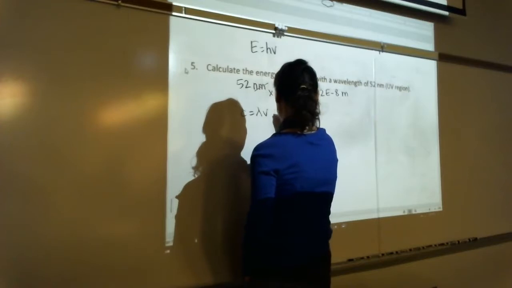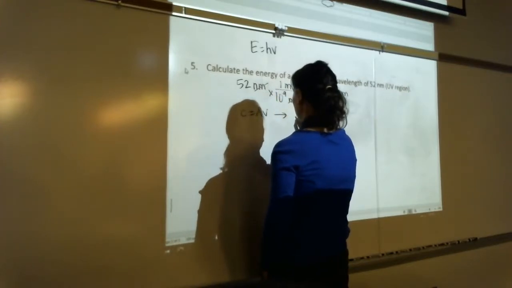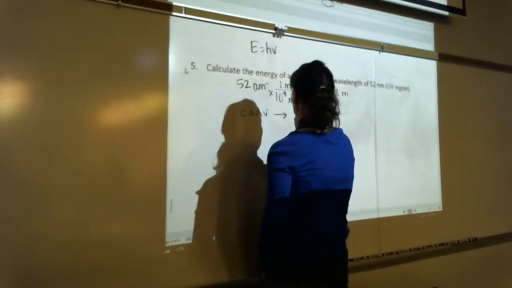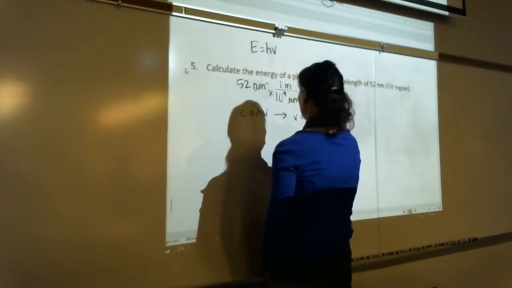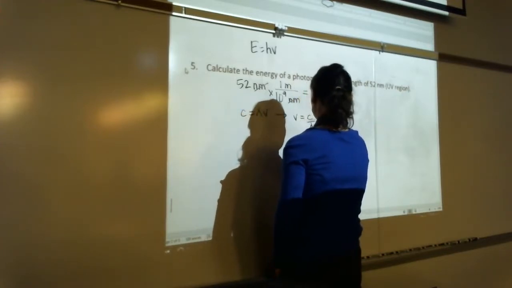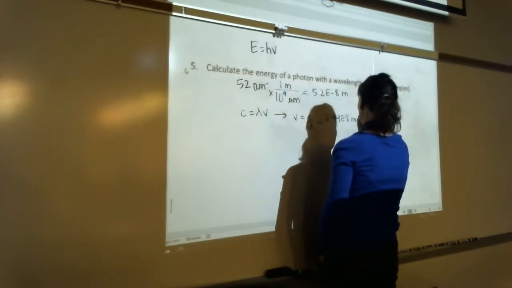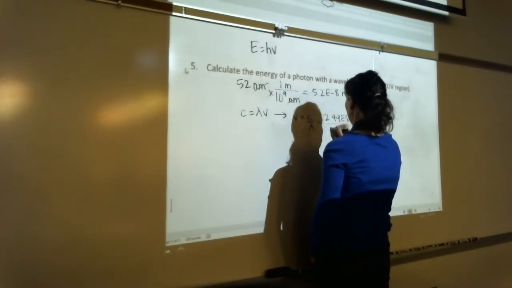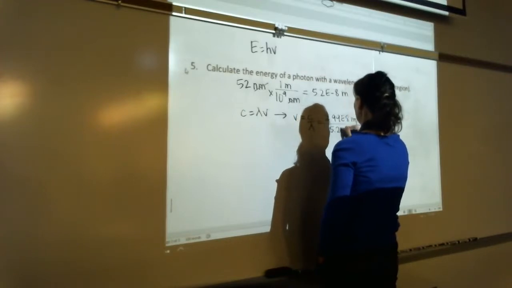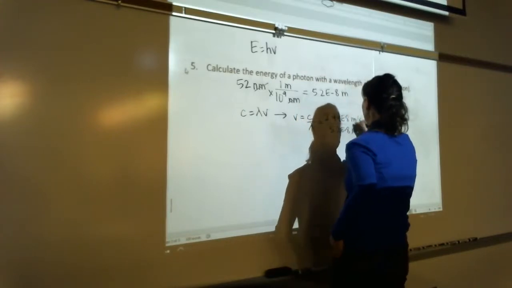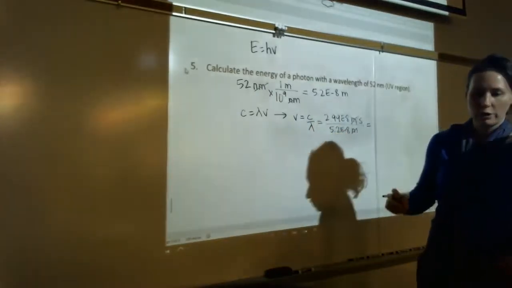Right, so that means we've got to figure out frequency. 2.99 times 10 to the 8 meters per second divided by 5.2 times 10 to the negative 8 meters. That gives me an answer in hertz.